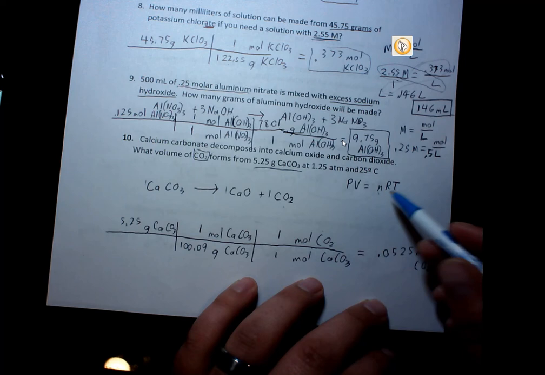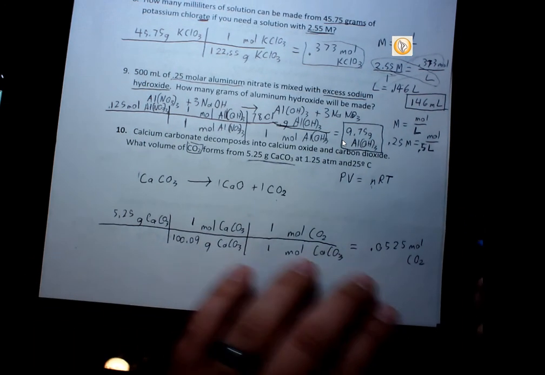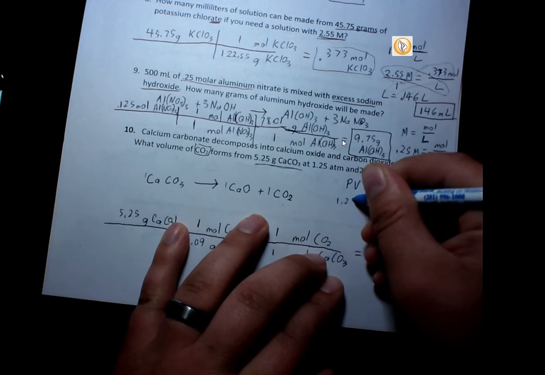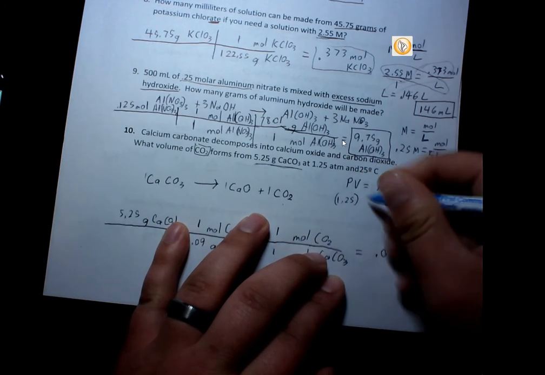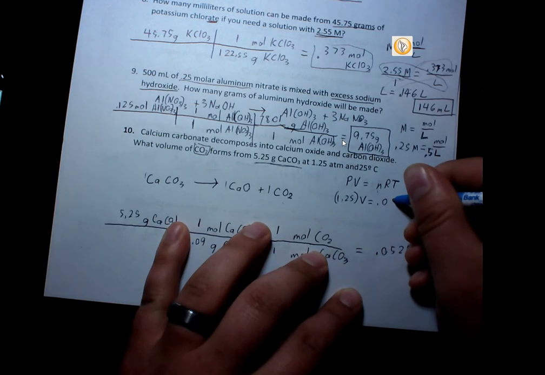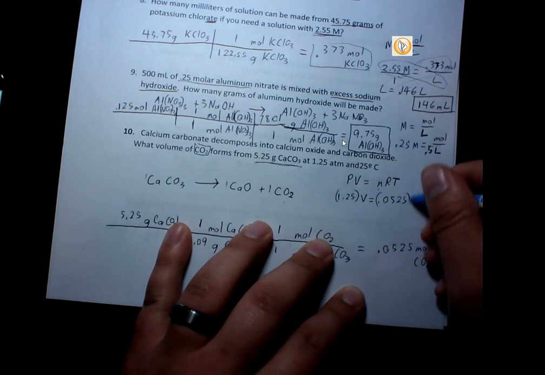But we now have moles that we can plug in. So PV equals nRT, pressure we're given 1.25. Volume is what we're looking for, equals 0.0525 for our moles.